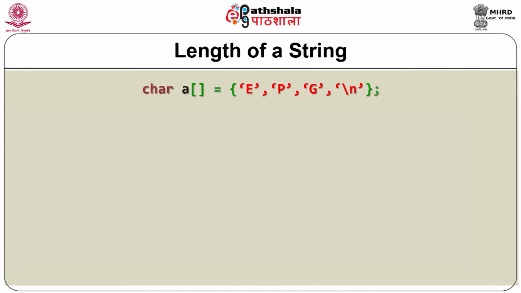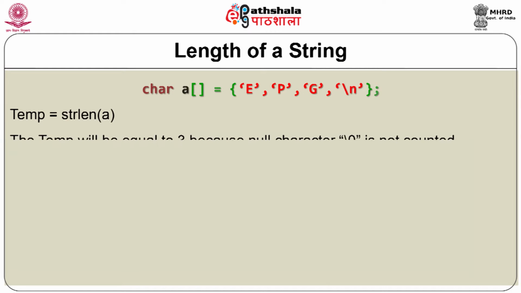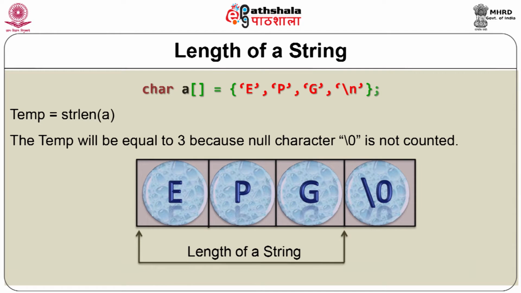Now we are using temp equal to strlen, that is string length, and that is assigned to temp. The temp will be equal to 3 because the null character is not counted. You can see E P G \0.